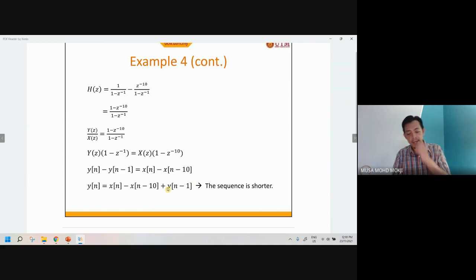So instead of 9 summations, now we have only 2 summations. This is plus 1, this is plus minus 1. And we just need 3 memory locations: one for x[n], another one for x[n minus 10], and this is y[n minus 1].